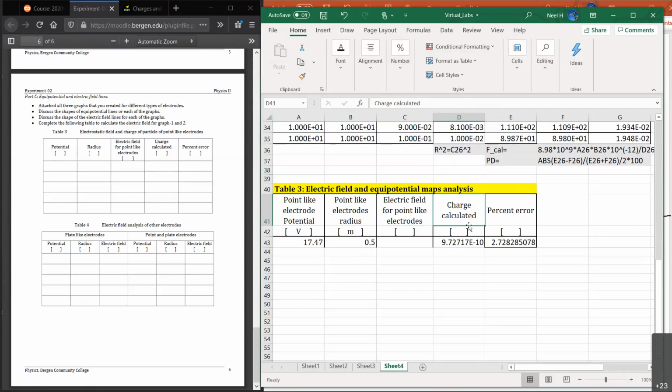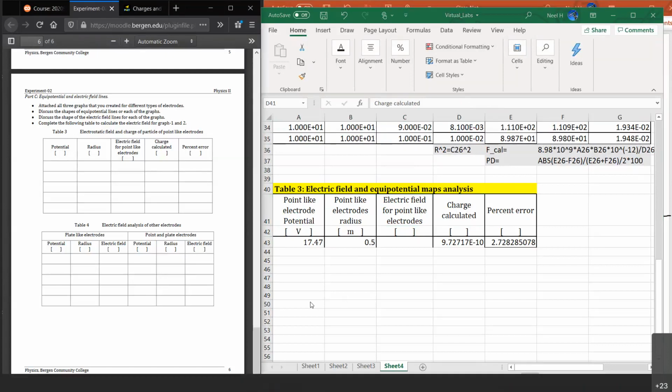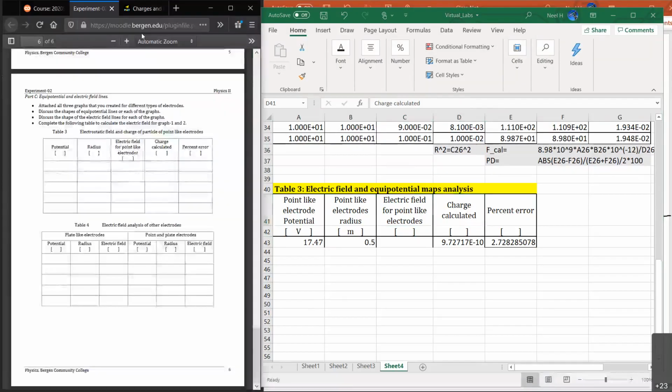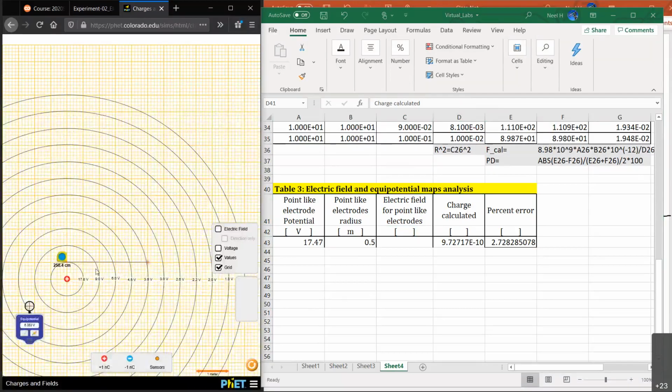And then we're going to calculate charge. I will tell you how to do that in a bit. And then we're going to compare the calculated charge with the charge we're using on our equipotential map. The charge we're using on the equipotential map is about 1 nanocoulomb. Okay, this is very small on your simulator. The charge we are using is 1 nanocoulomb.